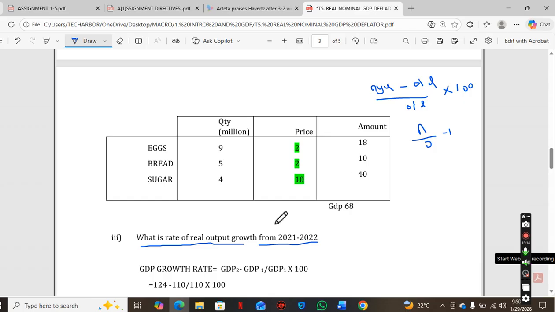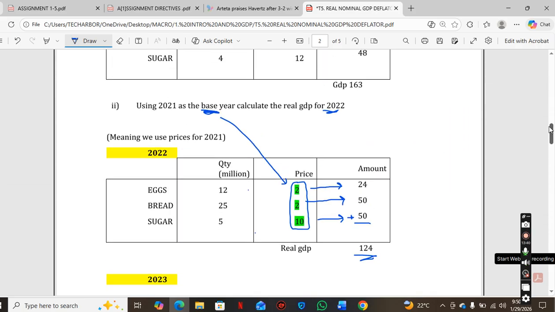So here, we find what percentage our GDP has grown or reduced from 2021 to 2022. If you remember, the GDP for 2021 is 110 million. We calculated it earlier on.